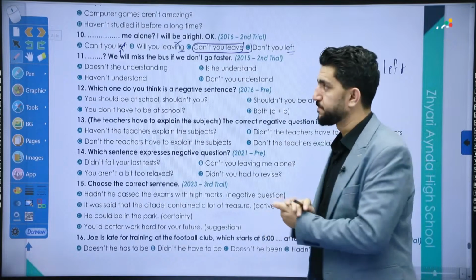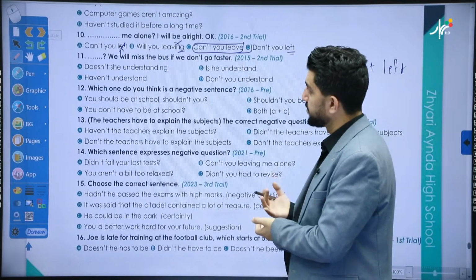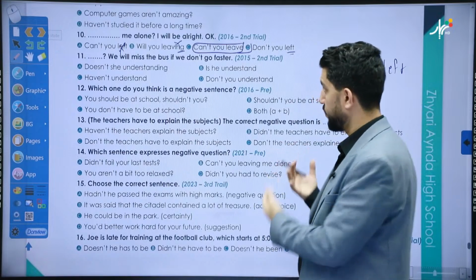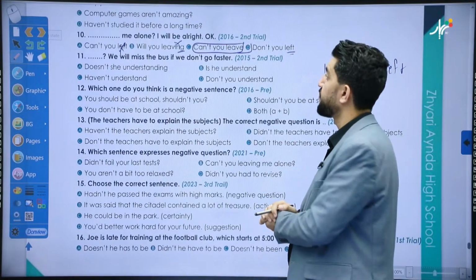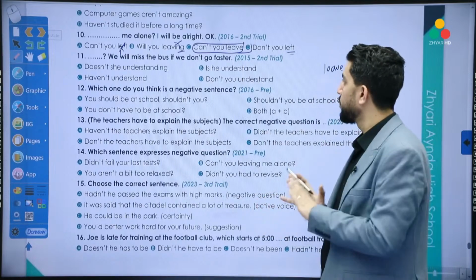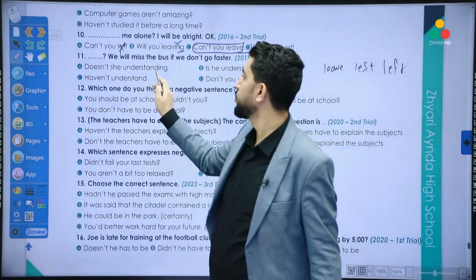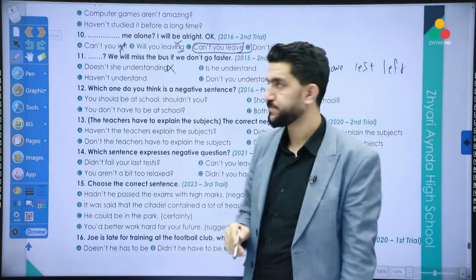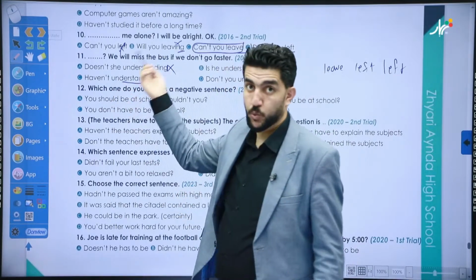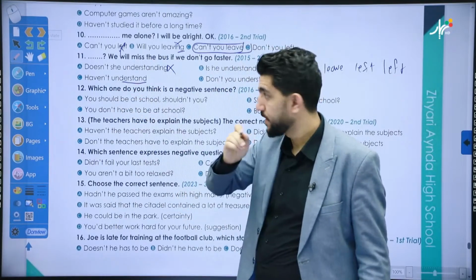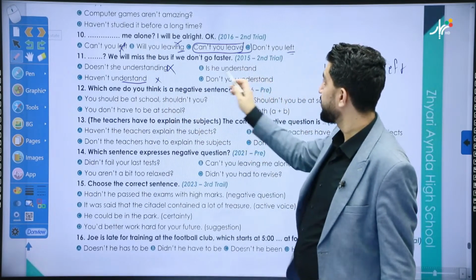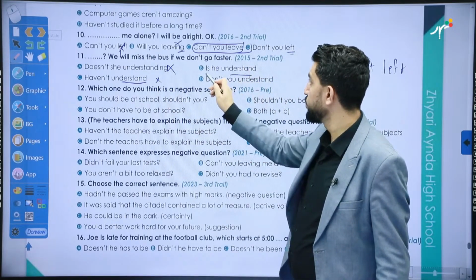What about number 11? We will miss the bus if we don't go faster. Okay. It's all about structure. With does, we don't use ing. Wrong. With haven't, we don't use infinitive. We use what? PP. Wrong. With verb, we don't use is.